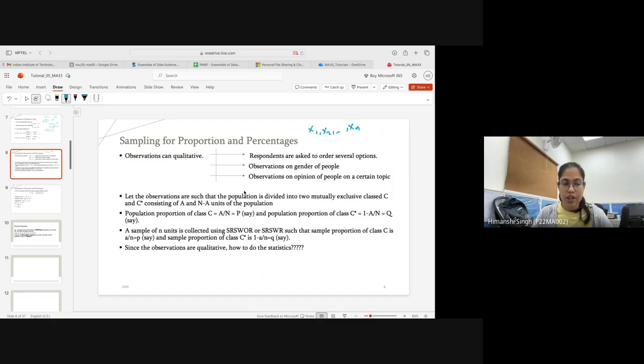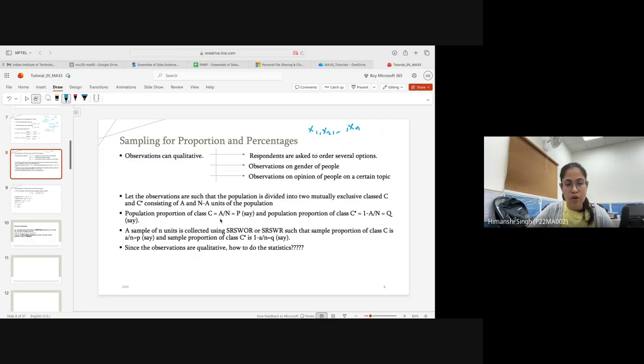So basically I have two mutually exclusive classes from the whole population. For example, if I have class C and class C star, where class C consists of capital A units and class C star consists of capital N minus A units of the population. Okay, then the population proportion of class C will be capital A by capital N.